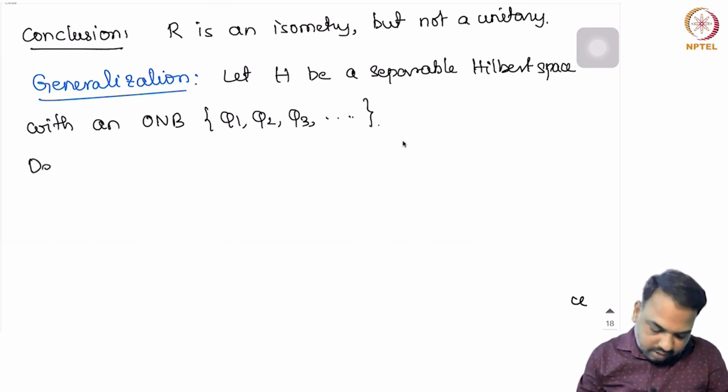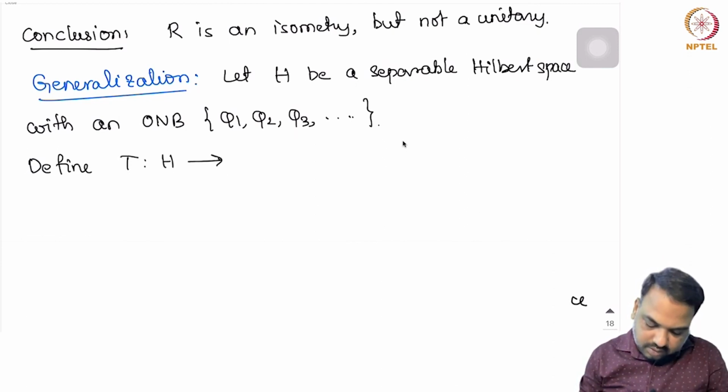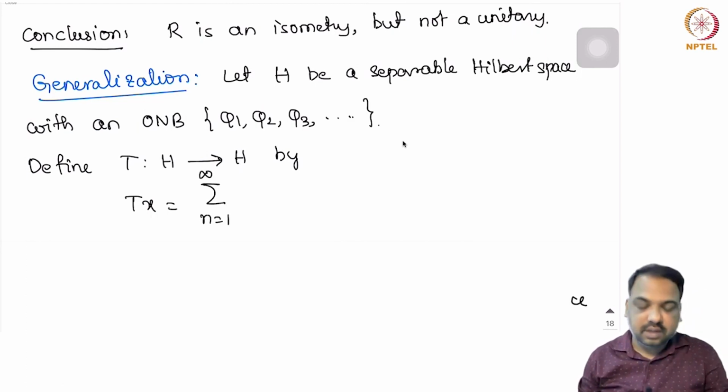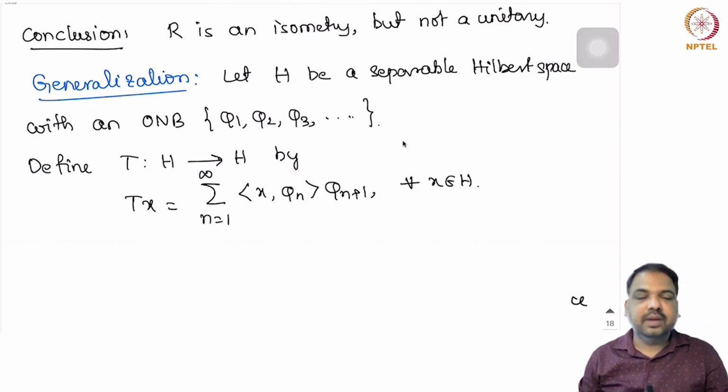So define T from H into H by T of x equals the summation n equals 1 to infinity of inner product x with phi n multiplied by phi n plus 1, for every x in H. This is exactly the generalization of the right shift operator that we have defined on L2.